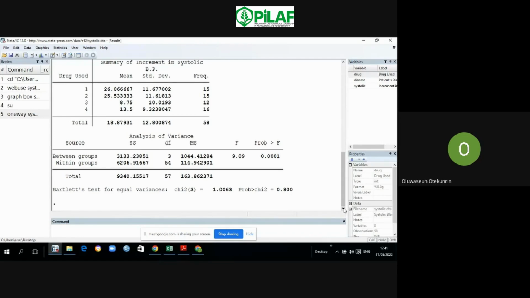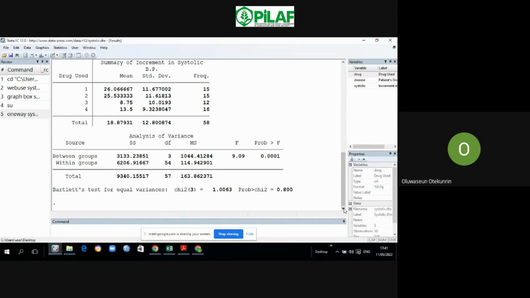you see that the factor drug is significant. Probability greater than F, 0.0001. That's significant. So if you run a one-way ANOVA and your factor is turning out to be significant, as in you are rejecting H0. What is H0?